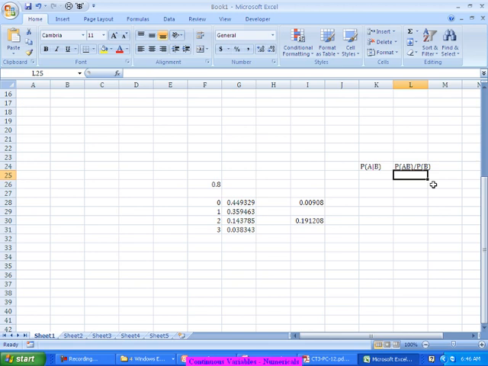What is the intersection of those two? Greater than or equal to 4 only. Any number greater than or equal to 4 is 4, 5, 6, 7, 8. Greater than or equal to 2 is 2, 3, 4, 5, 6, 7, 8. The intersection of those two is nothing but 4, 5, 6, 7, 8, which is P of greater than or equal to 4 only, divided by P of B, which is greater than or equal to 2.